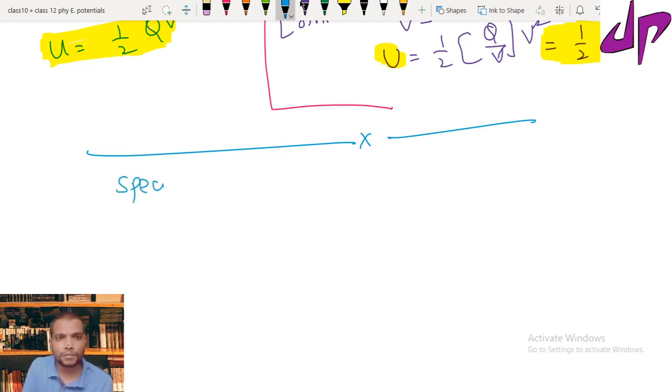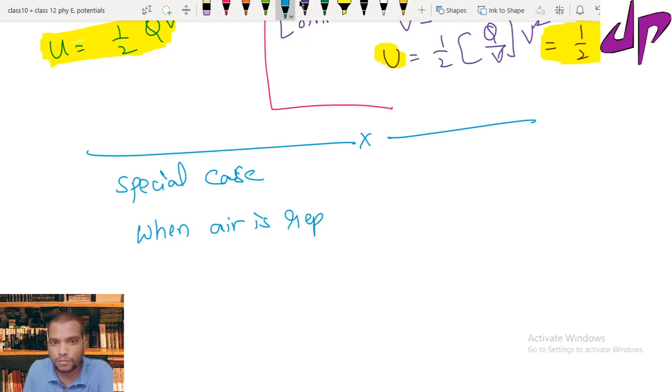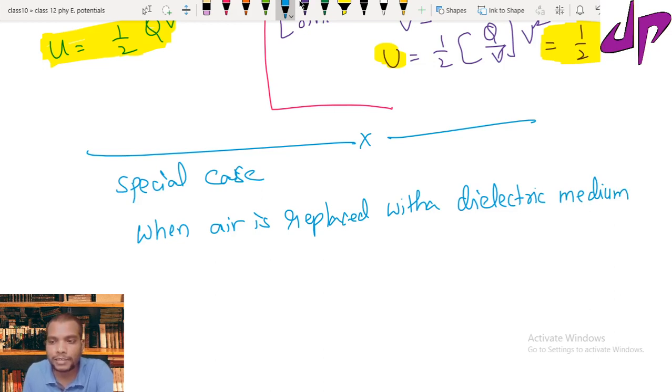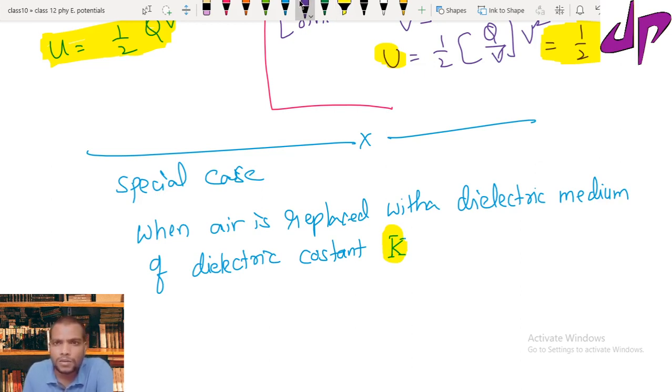As a special case, when air is replaced with a dielectric medium of dielectric constant kappa, where does the change take place?